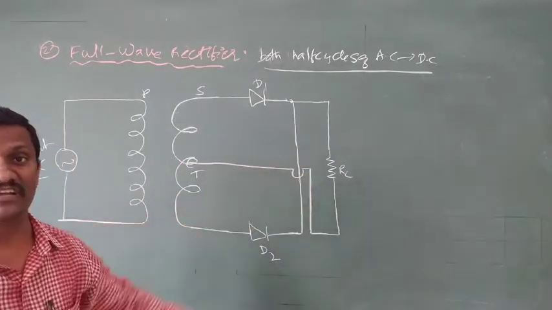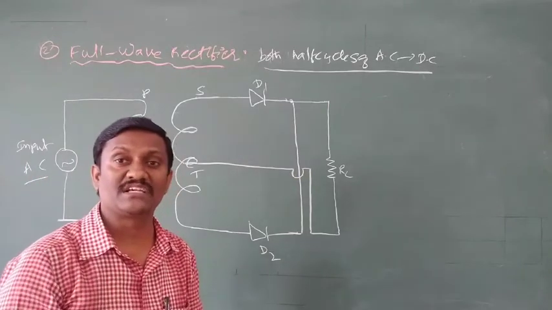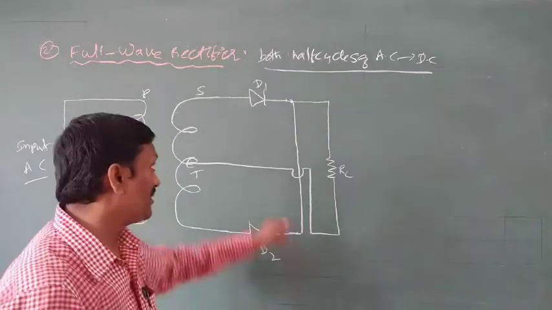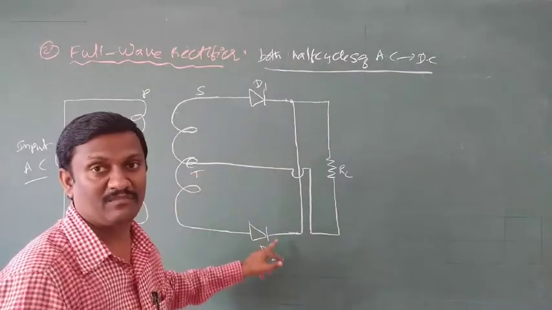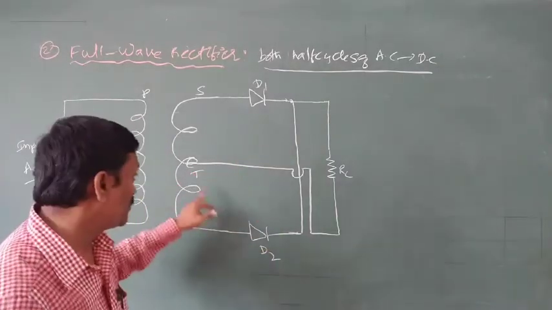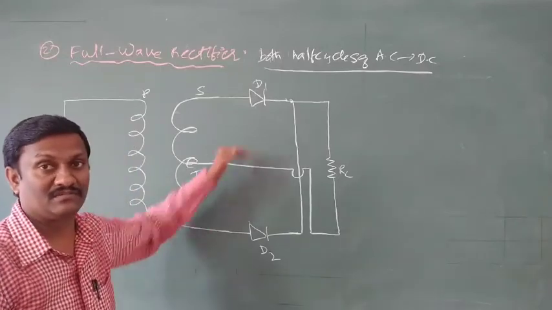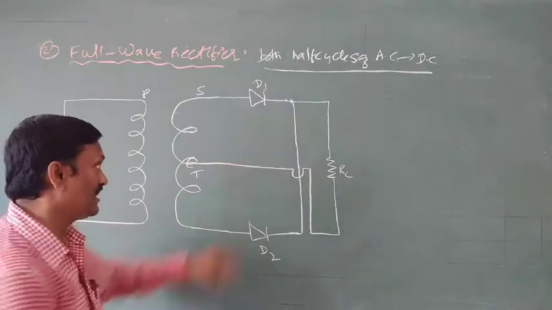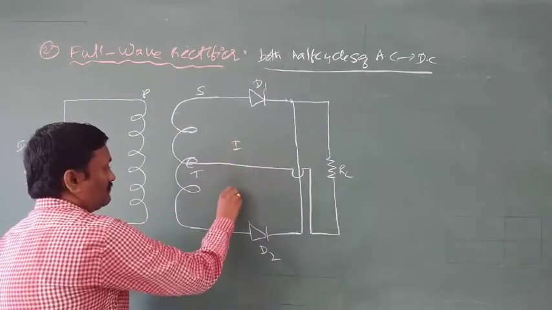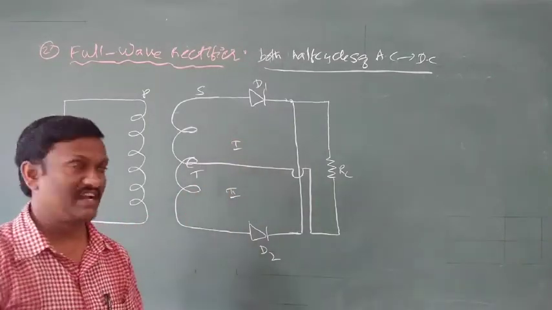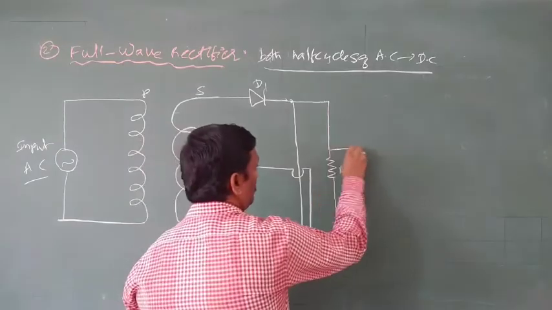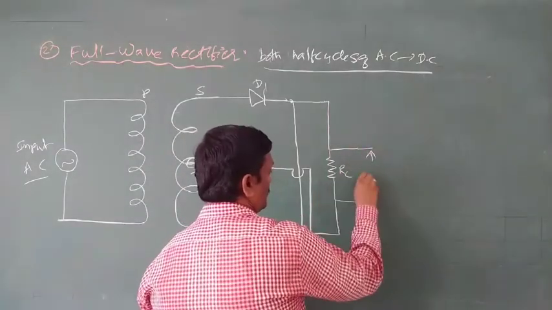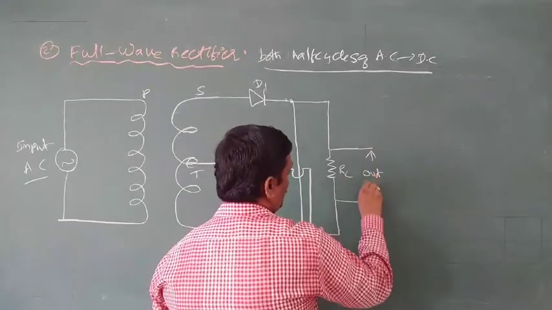So in a full wave rectifier, both half cycles are rectified separately, one by diode 1 and the other by diode 2. At the ends of the load resistance, the output DC signal is obtained.